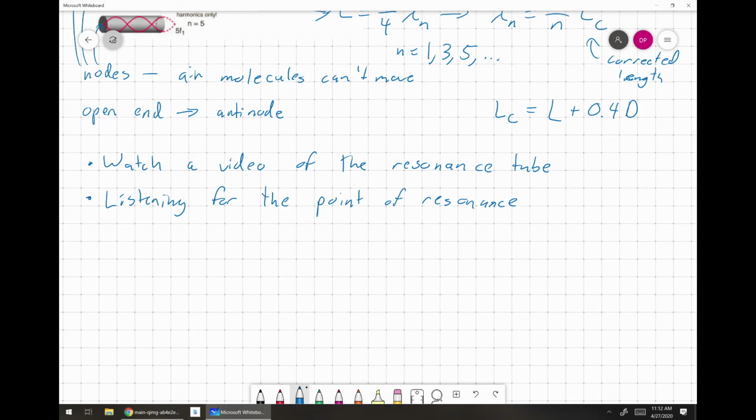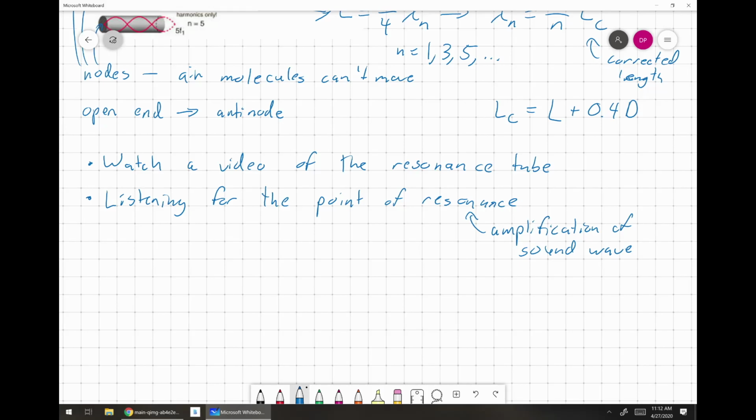This will sound like an amplification of the sound wave. So you'll hear the sound get louder at that point of resonance.